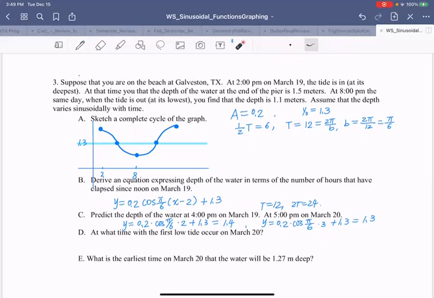So if we want that guy to be the lowest one, then we have to make that guy equal to pi, right? If we want y to go to 1.1, then the inside here is going to equal pi, because cosine pi is -1, right?